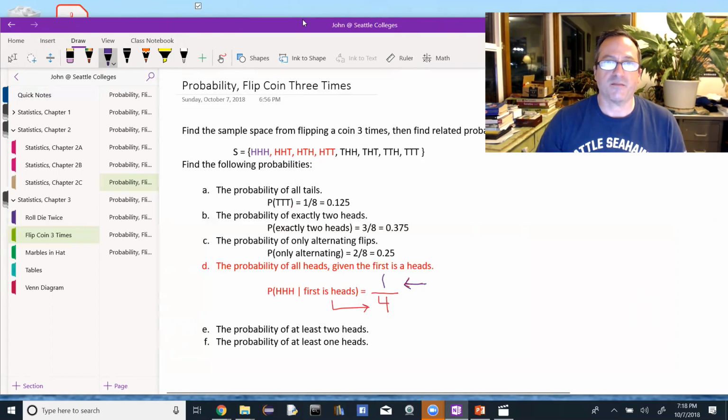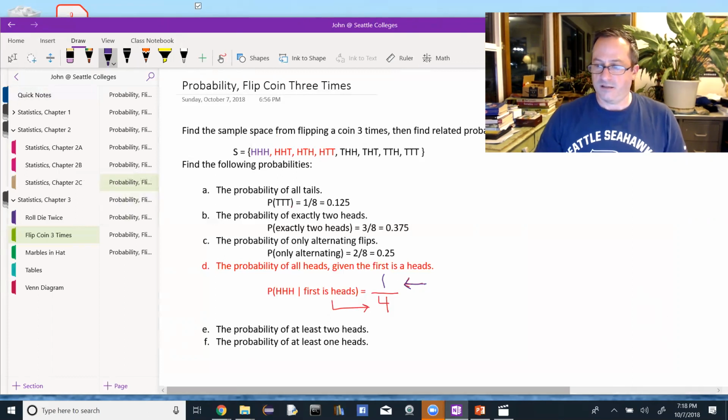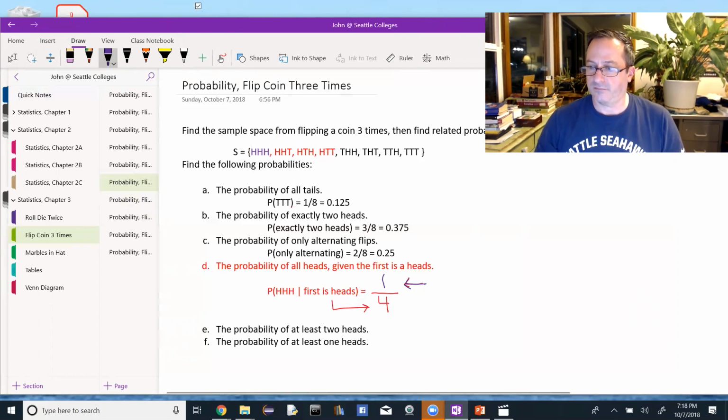And I'm having some computer issues, so I don't know why it's doing this. Sorry, now I can't get it to pause either for some reason.